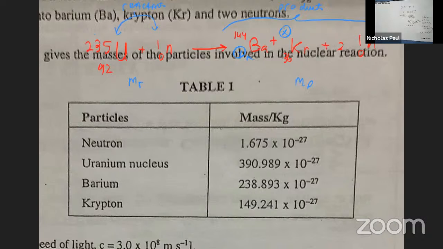It's already in kilograms, so you don't have to do step number 4. Step number 4 is not necessary because it's already in kilograms. So you're doing step 1, step 2, step 3, and then jump to 5. Okay, try it quickly. Find the mass of the reactants, then the mass of the products.